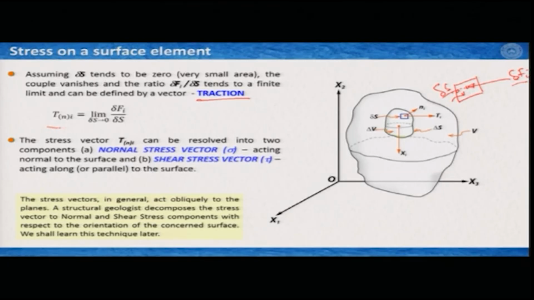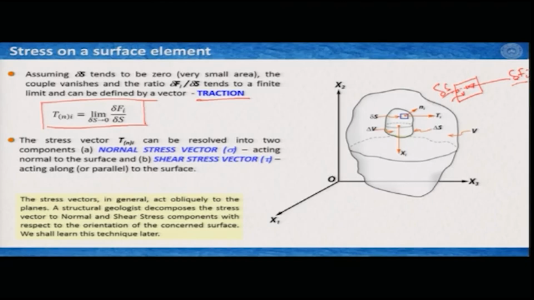So, mathematically we can define it this way, even if you do not consider these strange mathematical notations n and i. So, traction is equal to the limit where del S tends to 0 of del F i divided by del S. So, this is the mathematical expression of stress on a surface area.